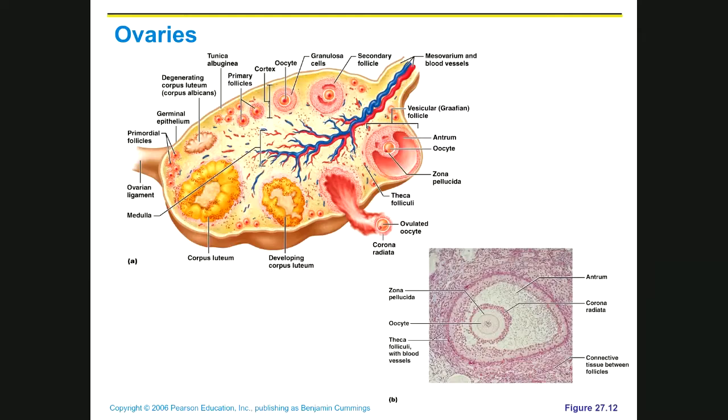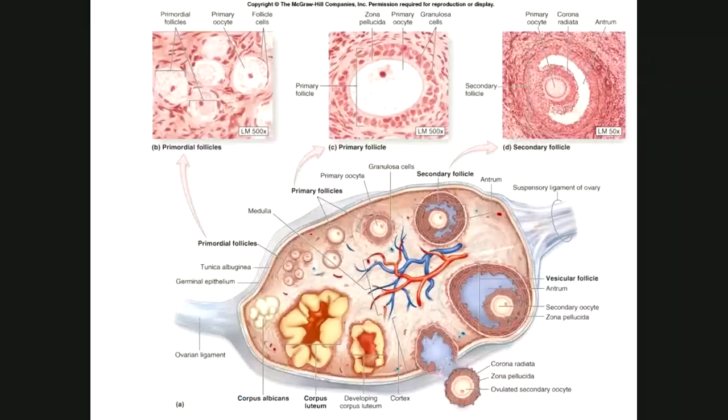So there's this thing that's going to pop, and that's going to become the corona radiata. There it popped. Here's the fluid that came out. There's the oocyte, and there's our corona radiata. Well, look, the follicle itself didn't go anywhere.